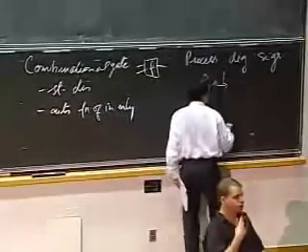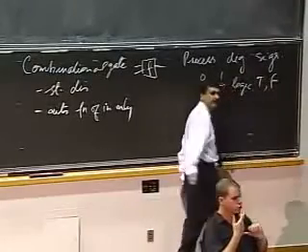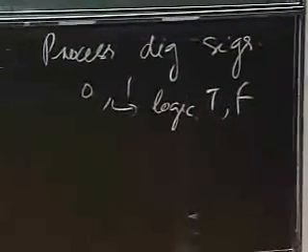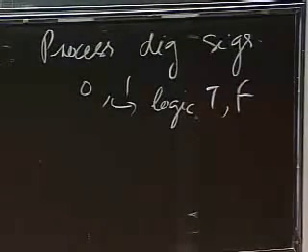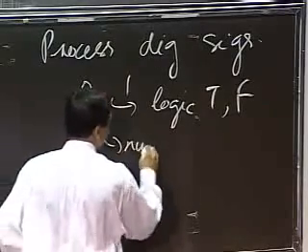So 0, 1 map completely naturally to the logic true and false. Okay, so I can borrow from logic and use true and falses to do my processing of signals. Okay, so if all I care about is processing logic values, zeros and ones, trues and falses, then that's all I need. I can also use numbers.